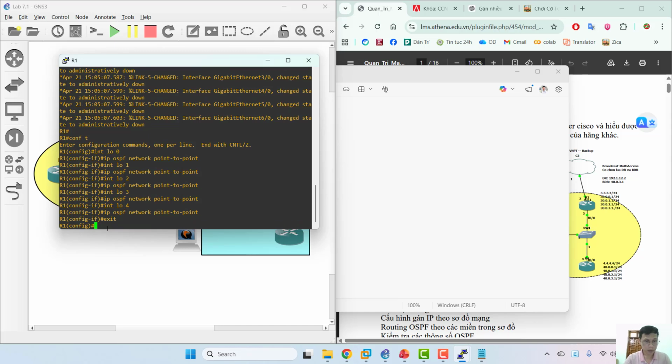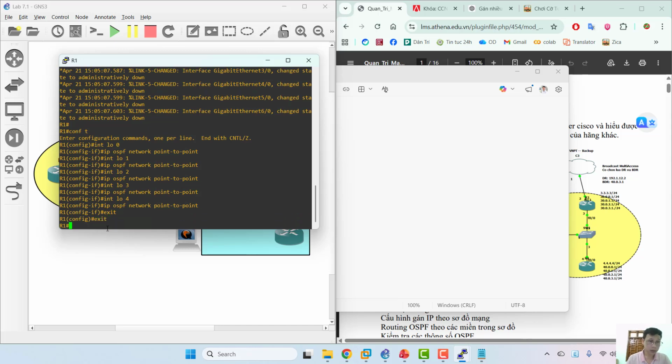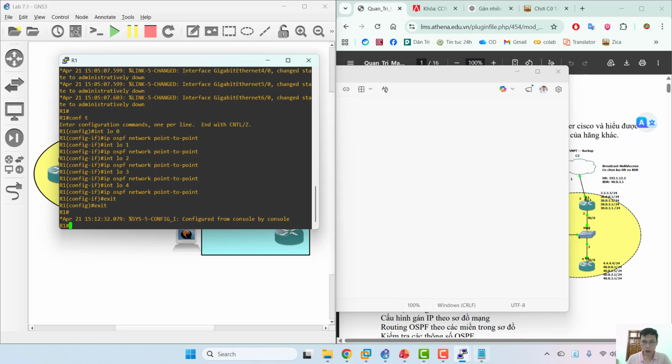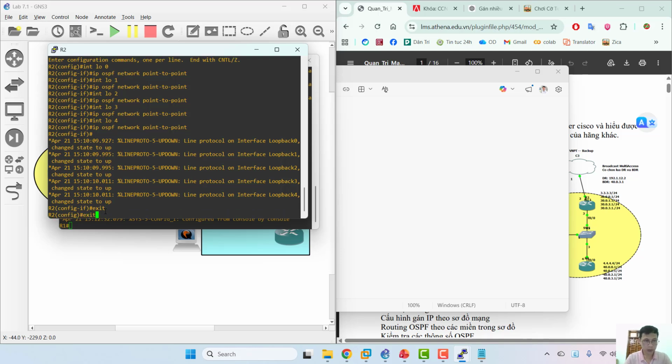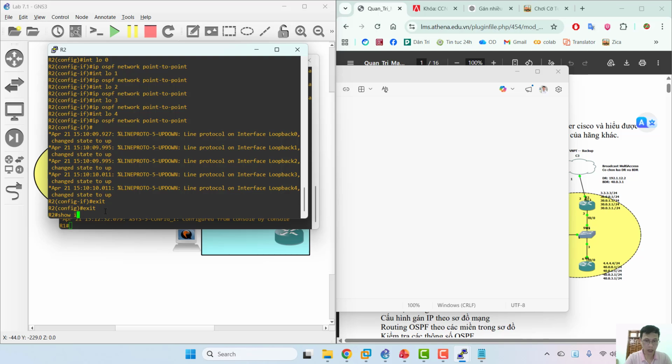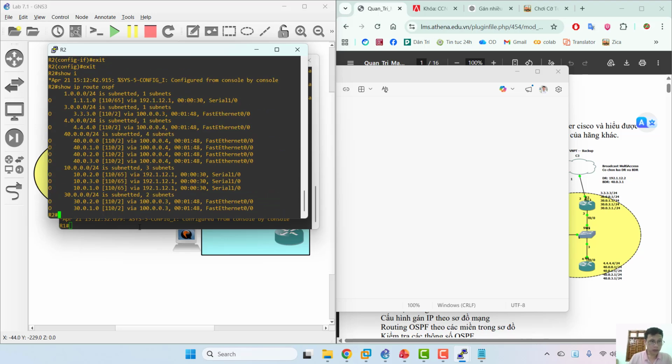Now we go back to router number 2 to check. Show ip route ospf. Okay, 24, 24, 24, 24. Okay, good.